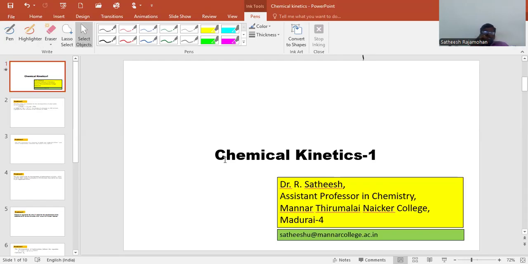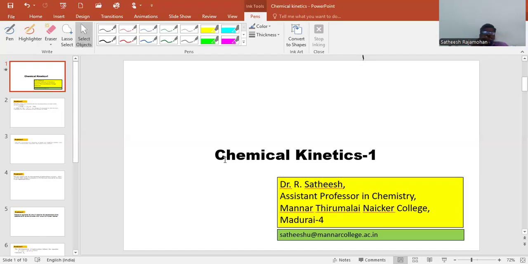Okay. So as far as chemical kinetics is concerned, more number of problems are being asked. So starting from Arrhenius equation, steady state approximation, fast reactions, some other reactions, some advanced reactions are also there.